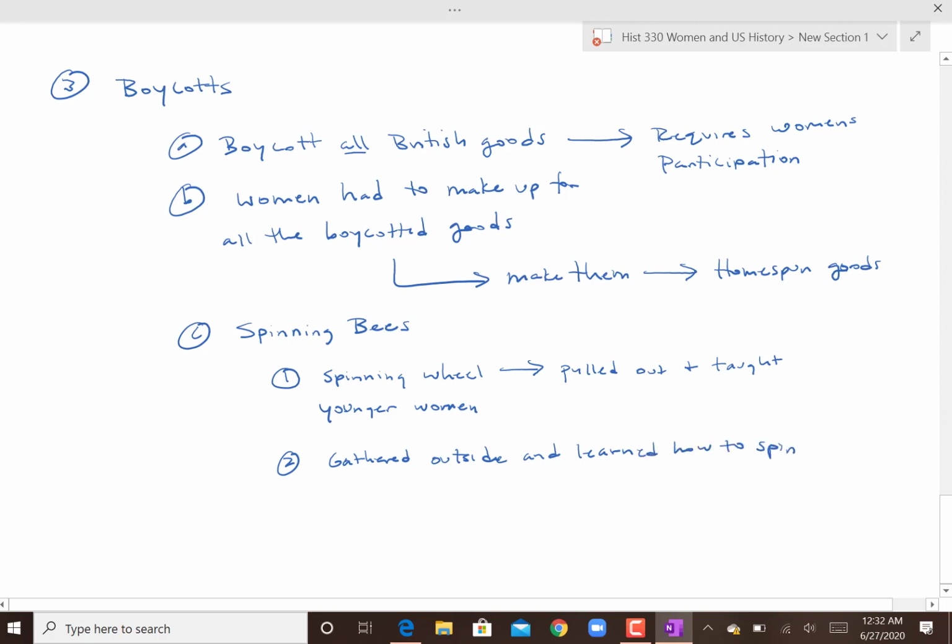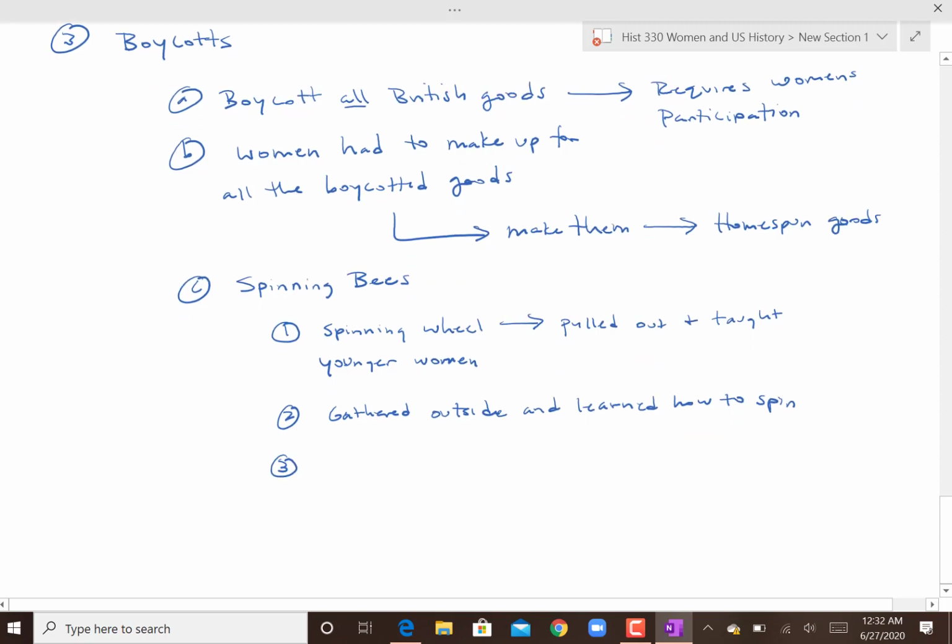But this wasn't the only thing that women did. They didn't just create the homespun goods. During these lessons, and then eventually from lessons to just production, they would discuss the politics of the day and various issues and how it influenced the colonies and how it influenced women and why it was important to women.